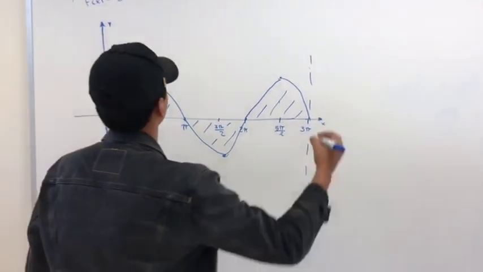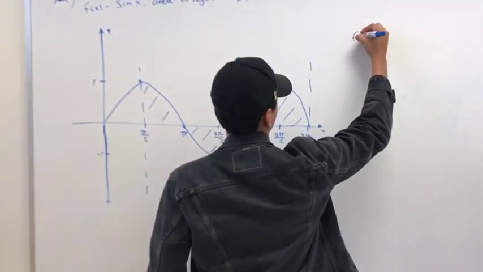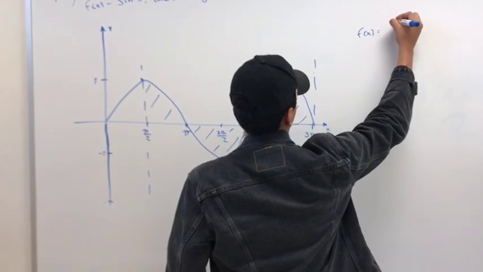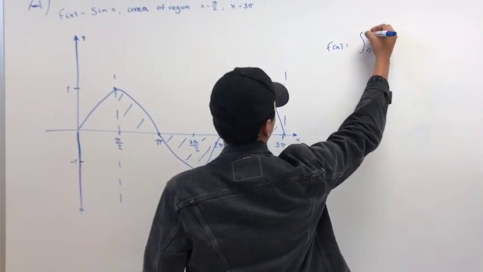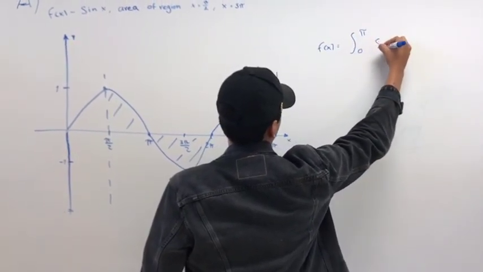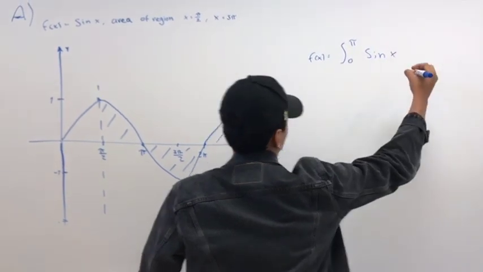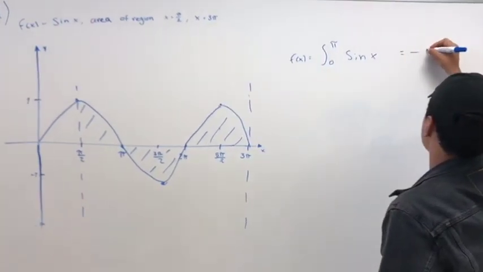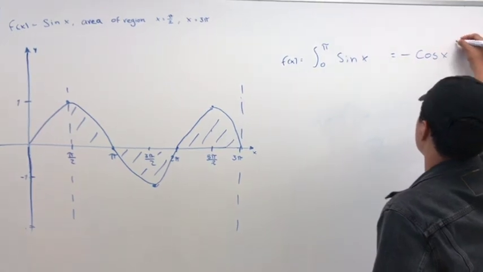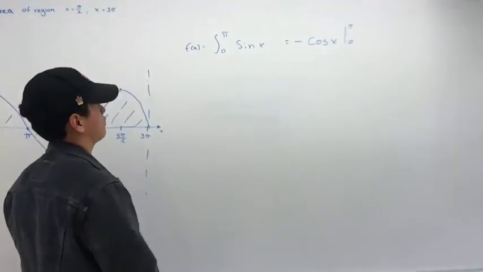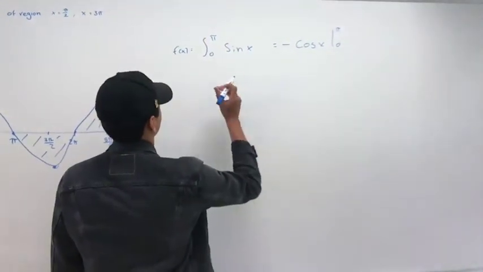So now we're gonna do the integral from 0 to pi of sine of x. So now we're gonna solve this.